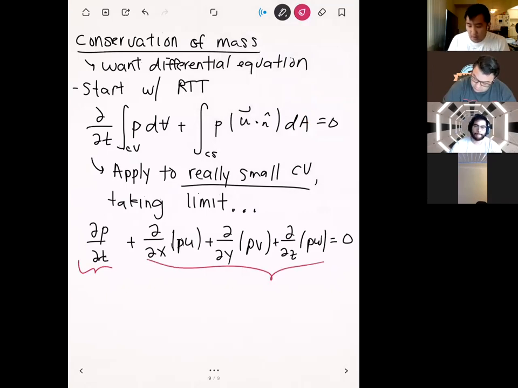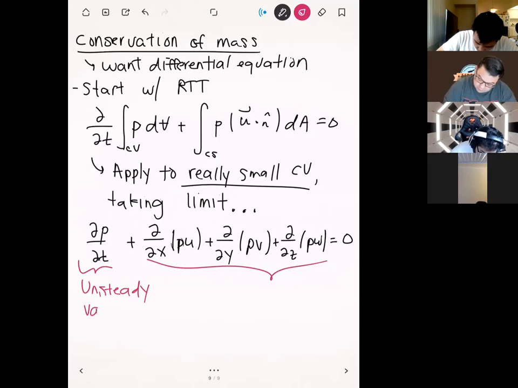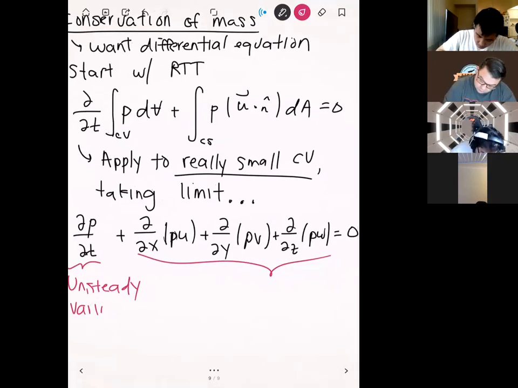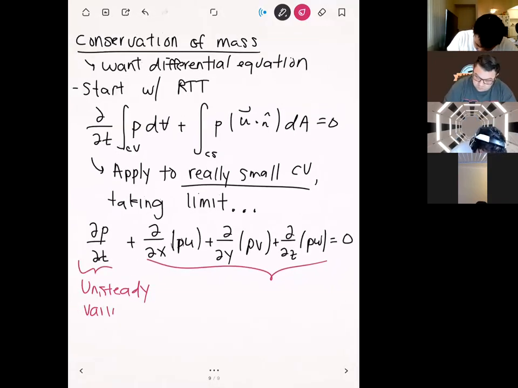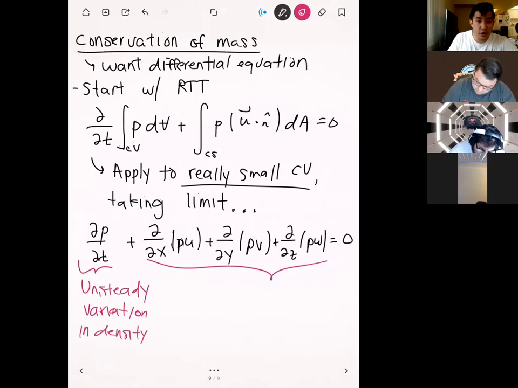And just to relate this back to the RTT, this first term right here is an unsteady variation in density. And this next term is going to be the net rate of mass flow, because it came from our surface integral term.